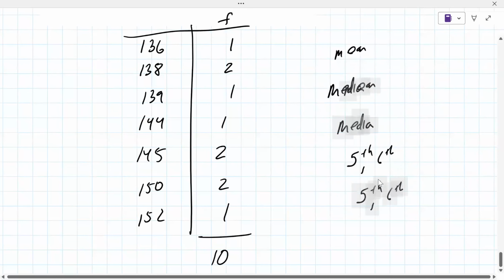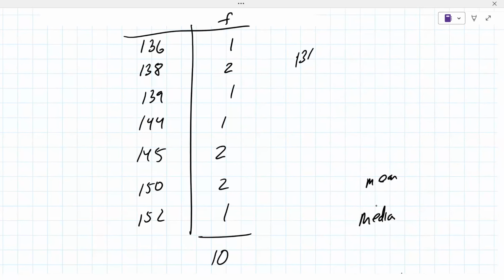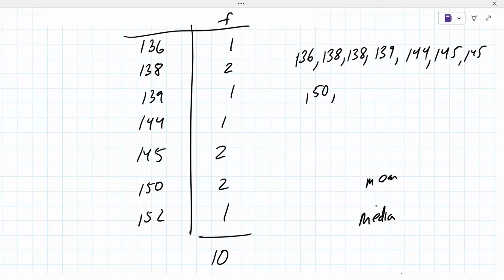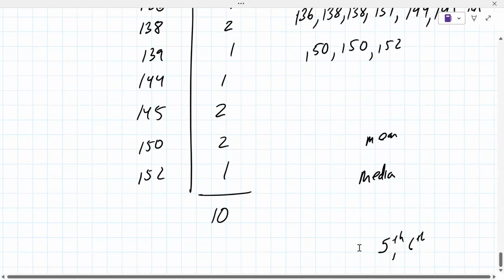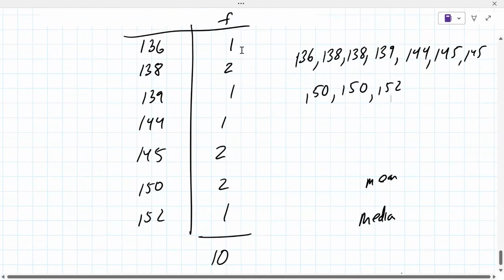If you were to write out this data set, it's 136, 138, 138, 139, 144, 145, 145, 150, 150, 152. It's much easier to do it this way. I was trying to see if you could do it without writing it out. Give me the fifth value. The first is 136, second and third are 138, fourth is 139, fifth is 144. The sixth is 145.